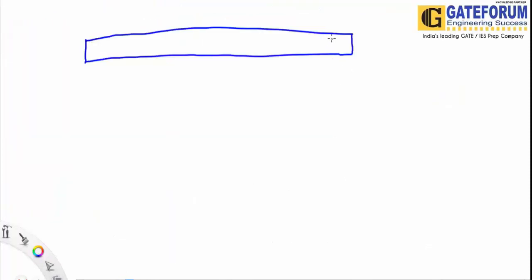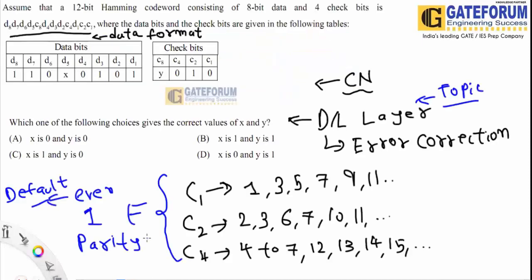So first of all, we would have C1, then we would have C2, then we would have D1, then we would have, sorry, C4. If you look inside the question, this is the format in which it is being stored: C1, C2, D1, C4. After that, we are having D2, D3, D4.